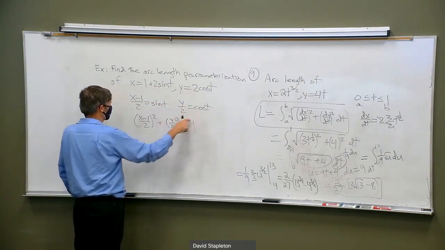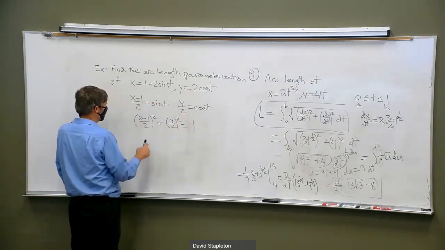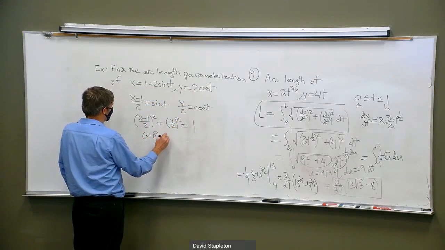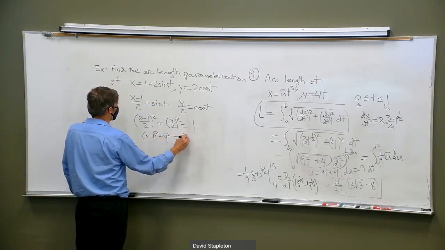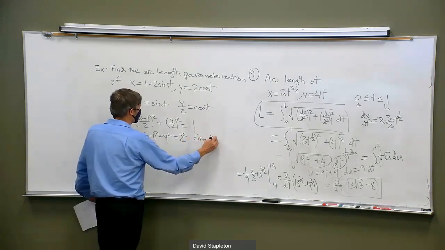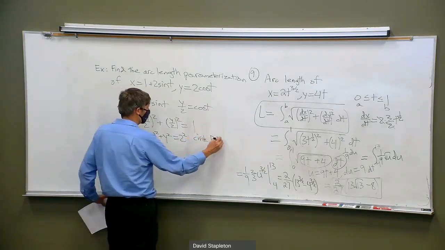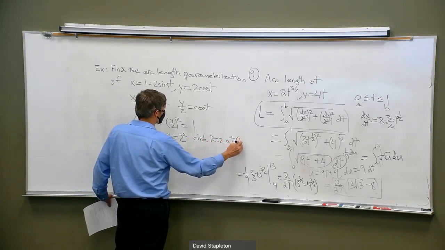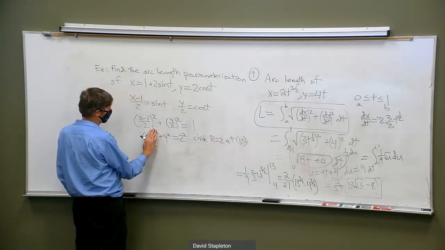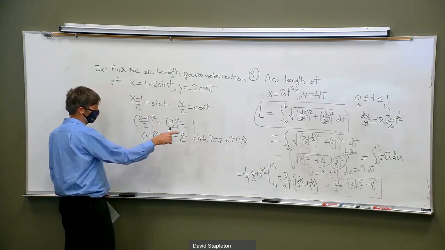Sine squared plus cosine squared equals 1. Multiply by 4, and you've got (x minus 1) squared plus y squared equals 2 squared. It's a circle of radius 2 at the point (1, 0), right? x squared plus y squared equals 2 squared would be a circle at the origin. If I replace x by x minus 1, that shifts it over to (1, 0).